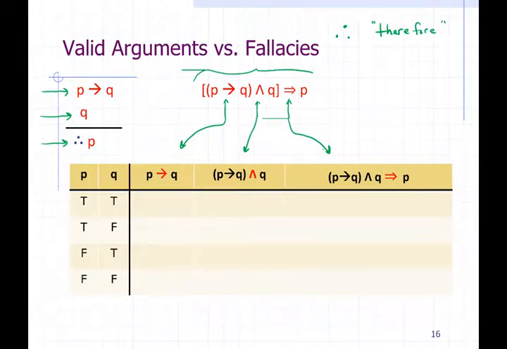All right, so step 1, the conditional. So we'll work inside out. So in the inner parentheses first. So we'll do the conditional, the inner conditional first, then we'll do the conjunction, and then we'll do the conditional on the outside.